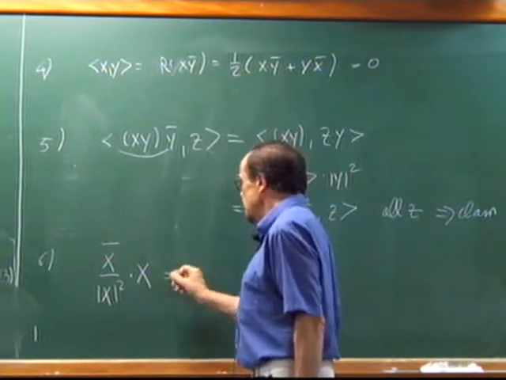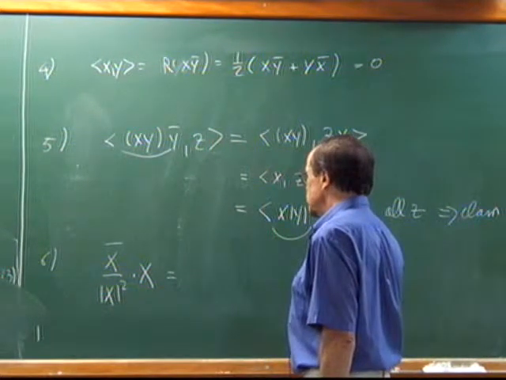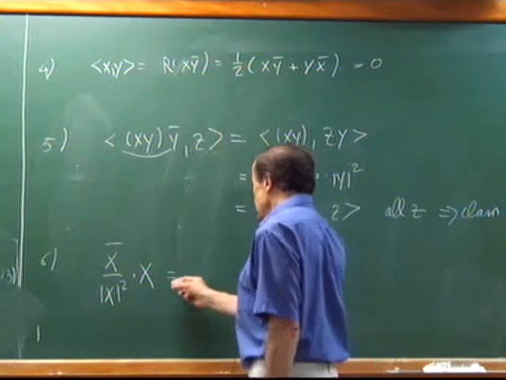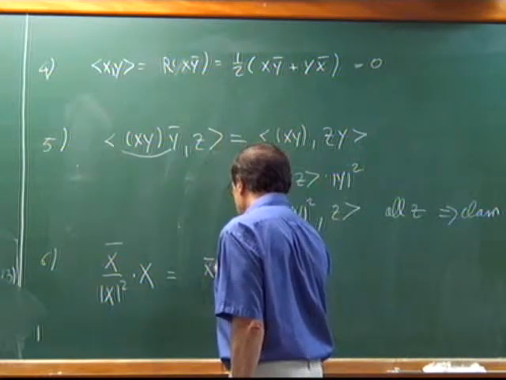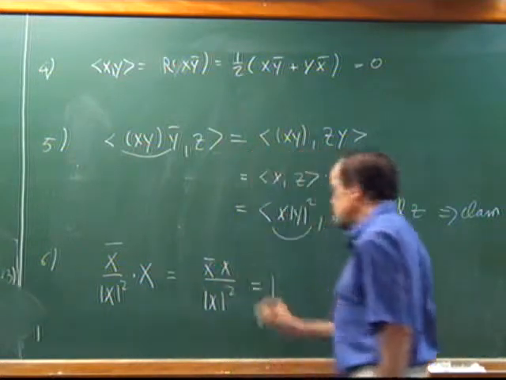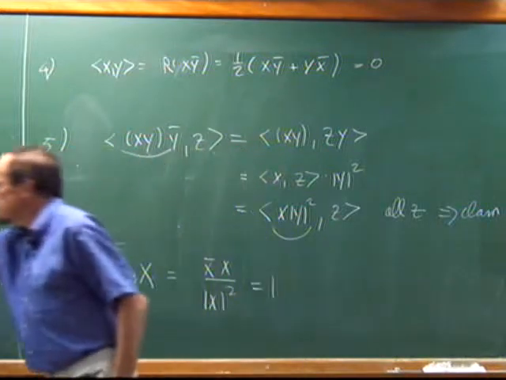So I write this as x bar x divided by norm x squared, and that's equal to 1, because that's the norm x squared. But let's see why this is true here.